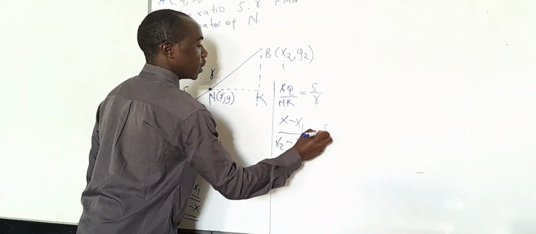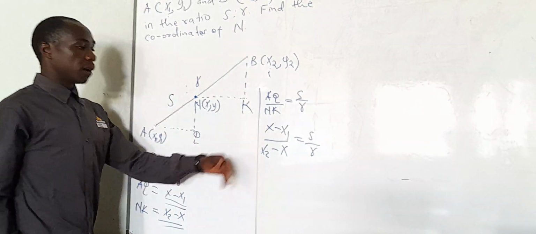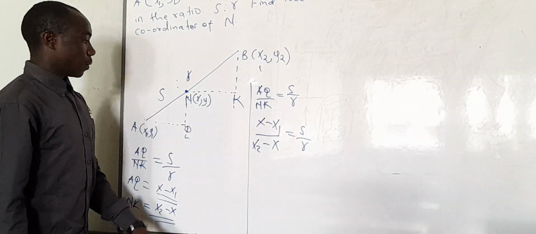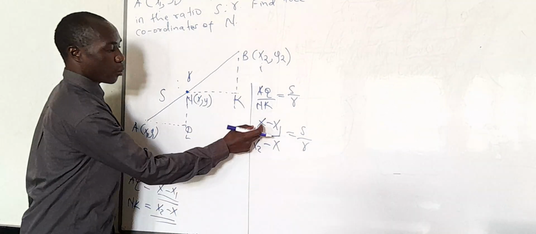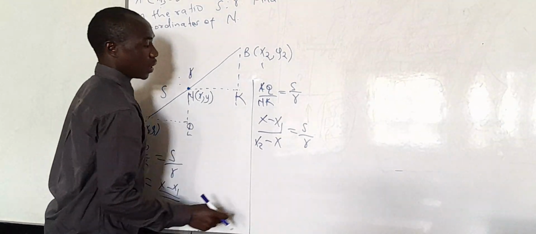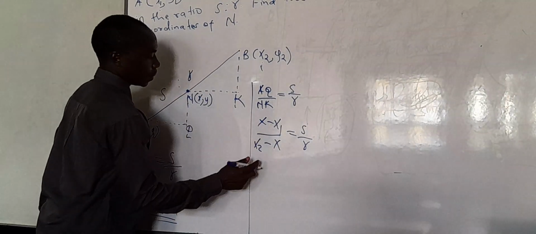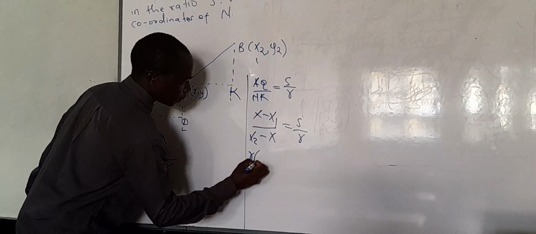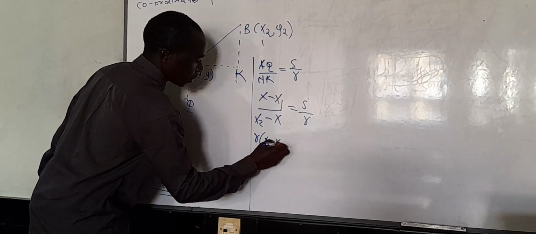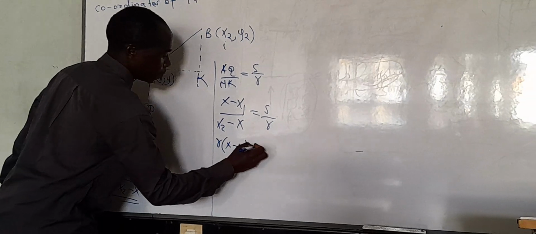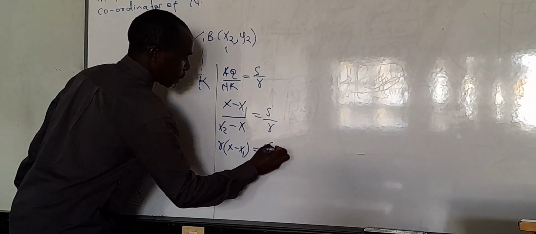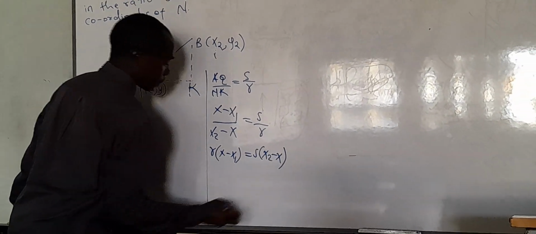This should be equal to S over R. And we are looking for the value of x. So how are you going to get that? You cross multiply. You'll have R times (x minus x1) equal to S times (x2 minus x).